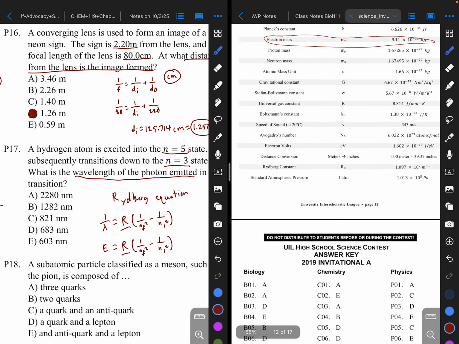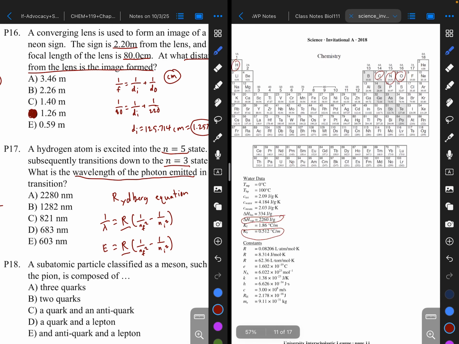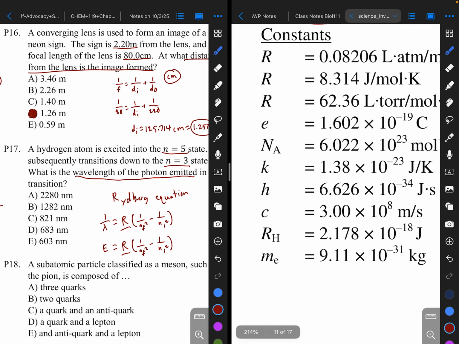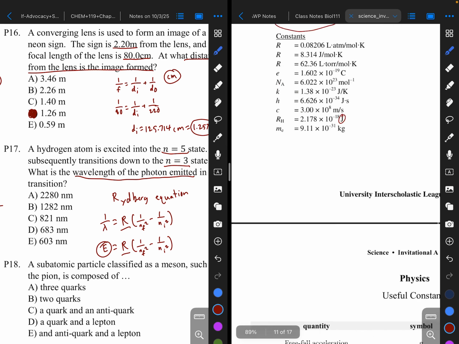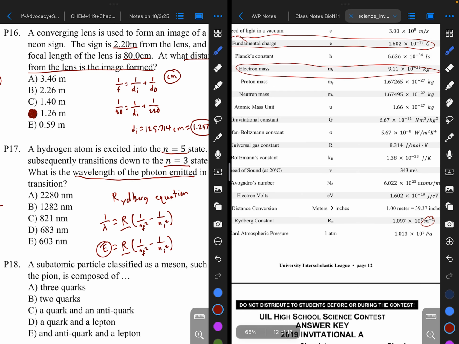The constant on the chemistry worksheet, the one that says joules, is referring to the energy one. The one that says m to the negative 1 is referring to the wavelength one. So make sure to know which constant you're using.